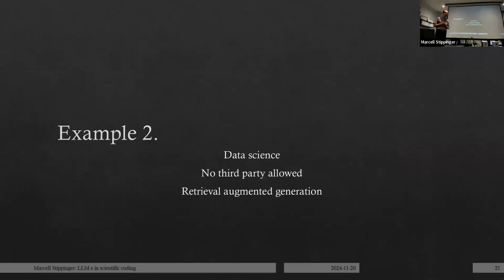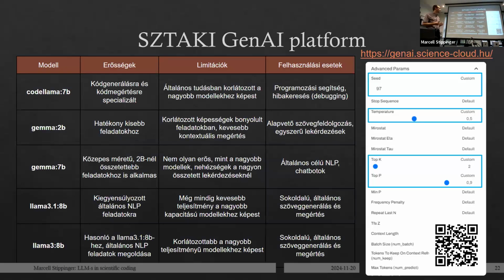So my next example will focus on what we can do when we deal with sensitive data, where I can't outsource it to third parties like ChatGPT for analysis, and this shows how you can use retrieval augmented generation as well. Not specifically this example, because it's only a border case of that, but we will see the details.